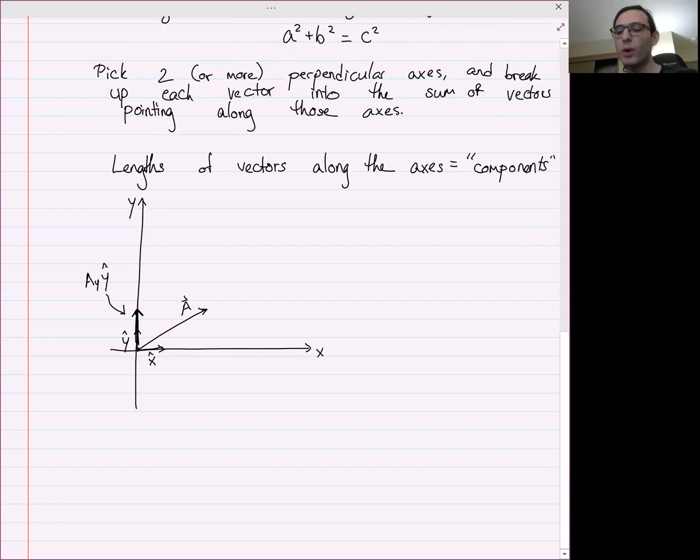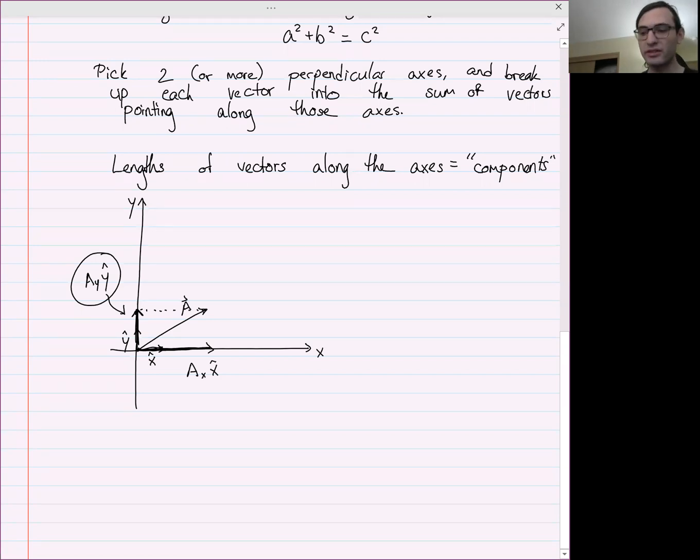The reason why we care about the lengths of the vectors along the axes is because you can multiply that component by the unit vector in the direction that it points. So this vector, AY times y hat, points in the direction of y hat and has length equal to the component AY, which is just the length of A in the y direction. Similarly, we could do the same thing for the other component. This vector here would be AX in the x hat direction.